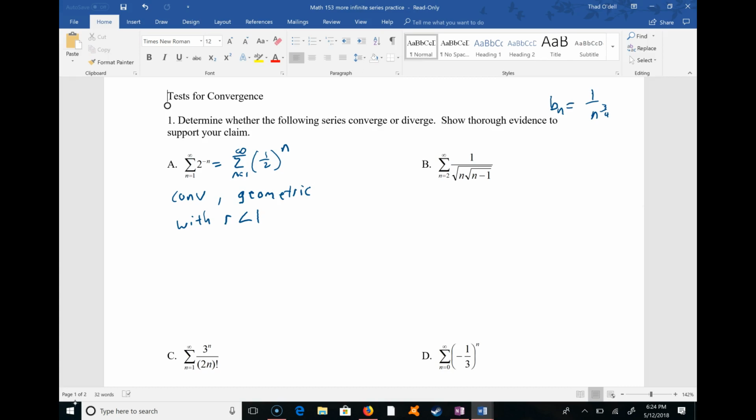And where I get the 3/4 is this is really like 1 over n times n to the 1/2, whole thing to the 1/2. So this inside would be n to the 3/2, and then that would make it n to the 3/4. So that's where that b sub n comes from.